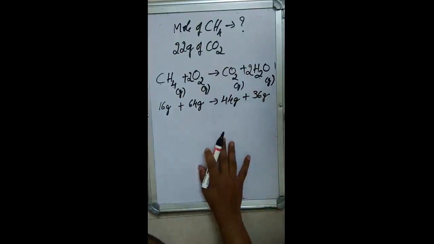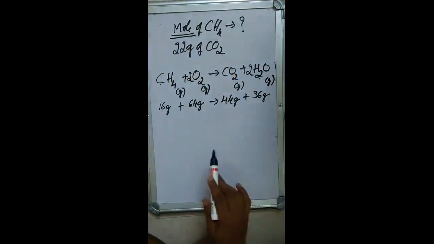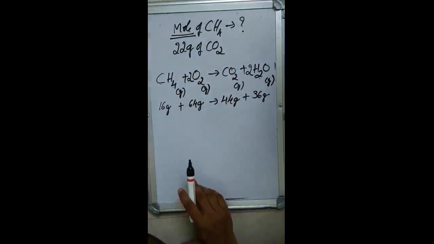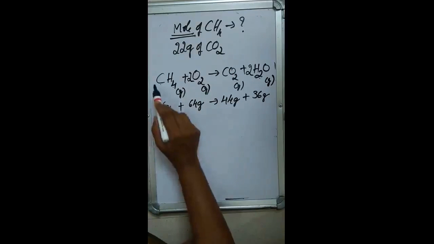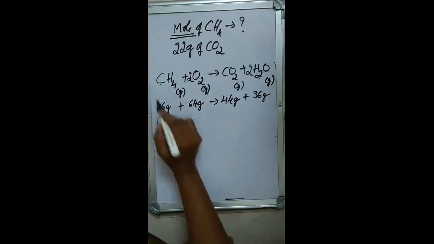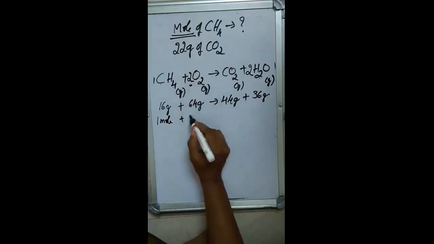Now since the question is asked based on the number of moles, the mole information is also very important. So under this I will write the mole information also. How many mole is used? Here 1. So 1 mole of methane plus 2 mole of oxygen.